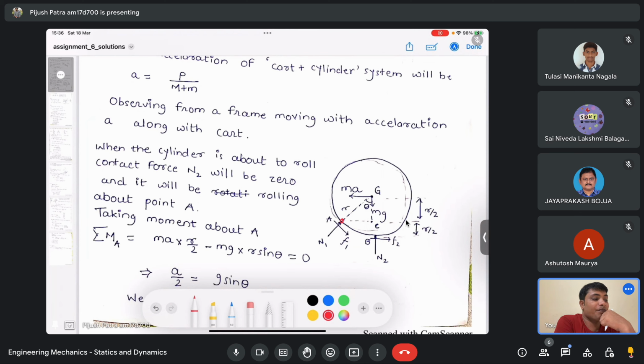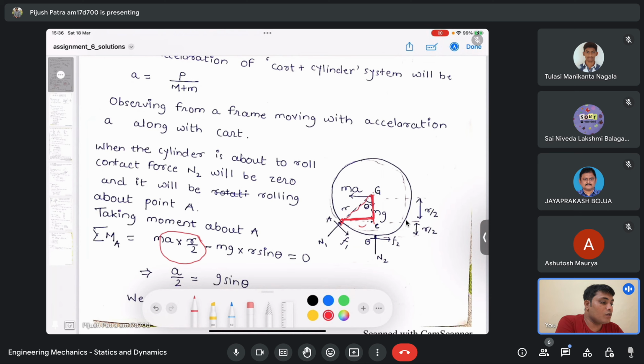Okay, fair enough, because this distance is r by 2, this distance is r by 2, and you are taking moment about this point, so ma into r by 2, and mg should be this distance. So how will you calculate this distance?